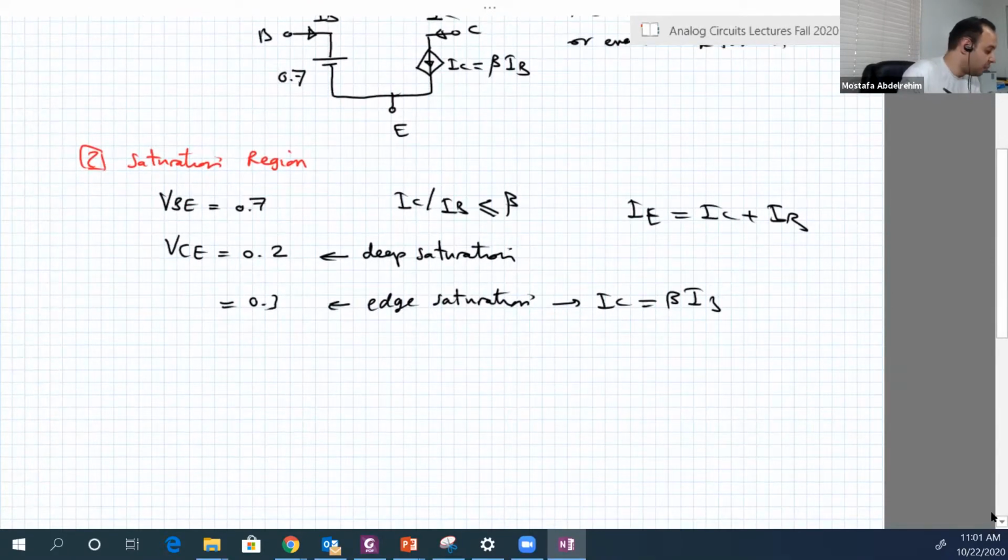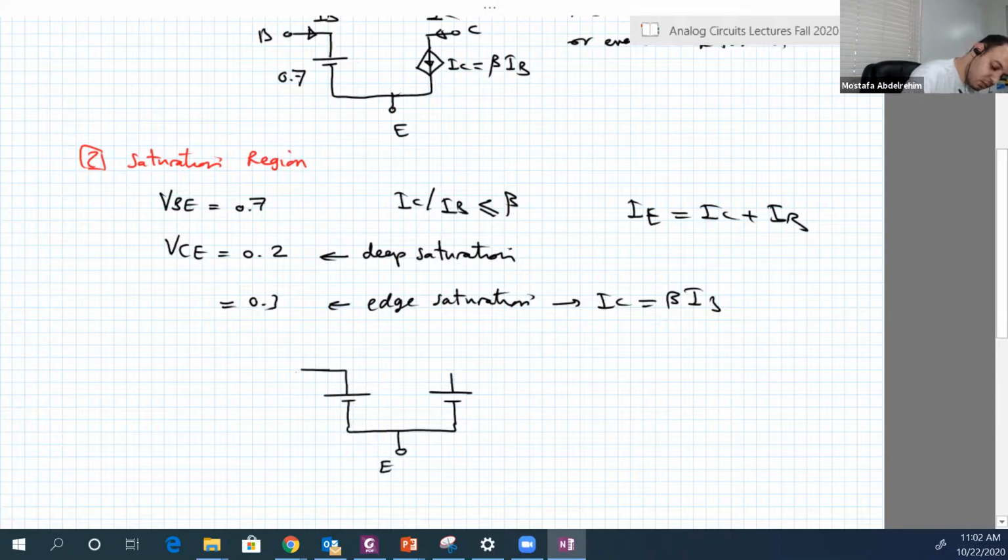The equivalent circuit will be something like this. And this is VCE.